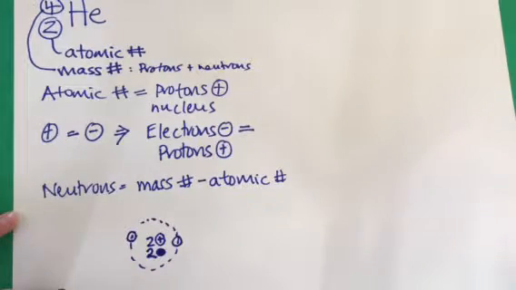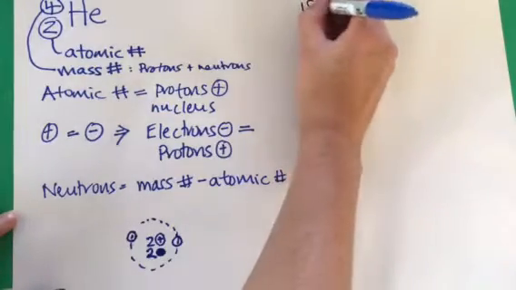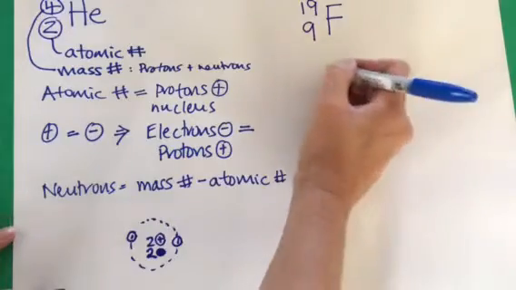Let's try another example, a slightly bigger one this time. Let's try fluorine, 19, 9. Same rules apply.